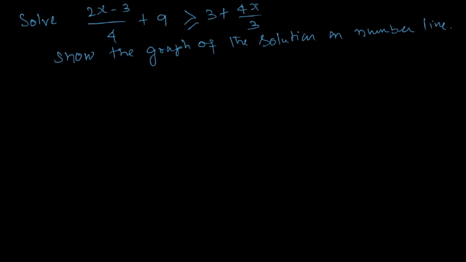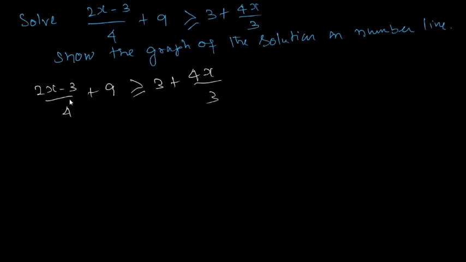Okay, now let us proceed. So the given inequation is (2x minus 3) divided by 4 plus 9, that is greater than or equal to what? 3 plus 4x divided by 3, right? Okay.